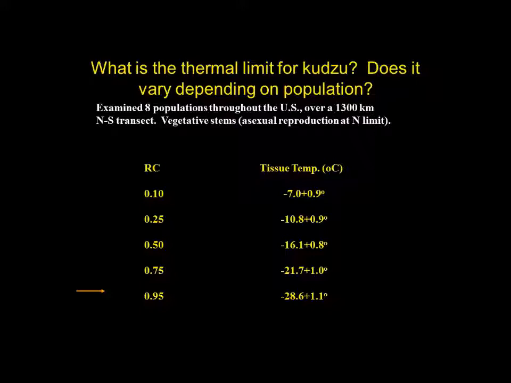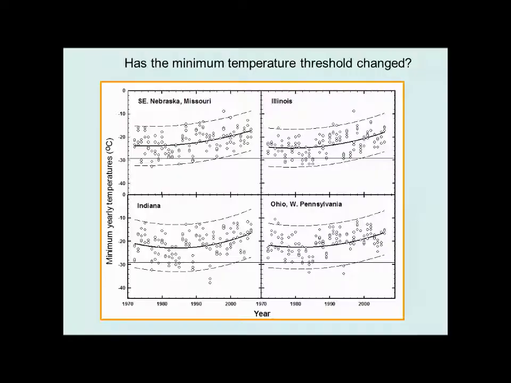If the conductivity is low, then the tissue is still intact. Fairly straightforward. But basically, regardless of the population, if that kudzu was exposed to 1 day of -28 degrees, it died, regardless of where it was from. So we use that as our cutoff point.